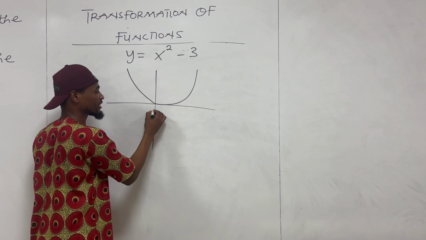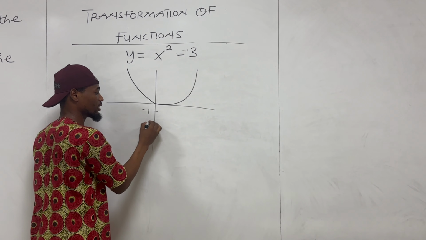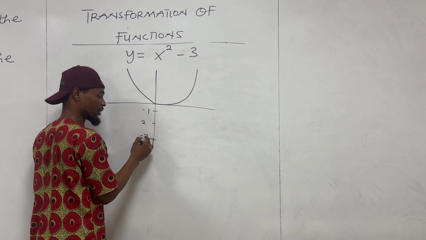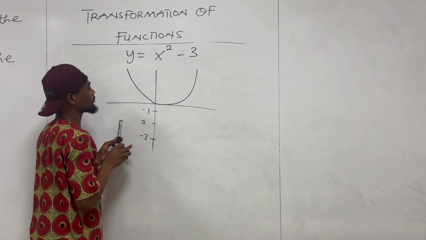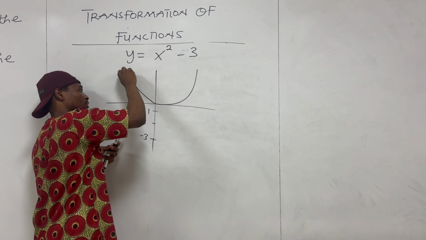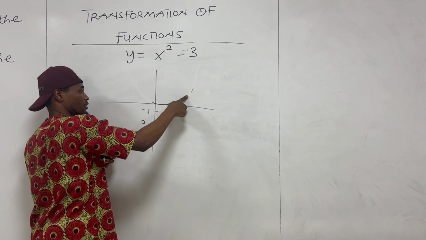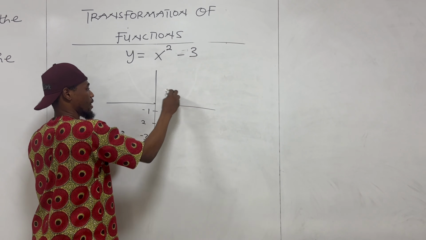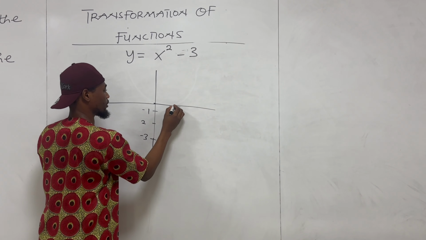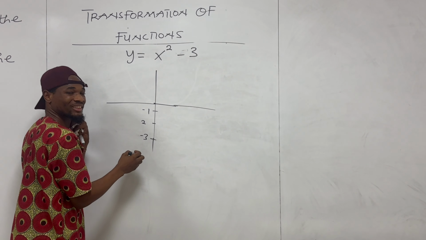Let me assume this is my negative 1, negative 2, and negative 3. See, it has been shifted.